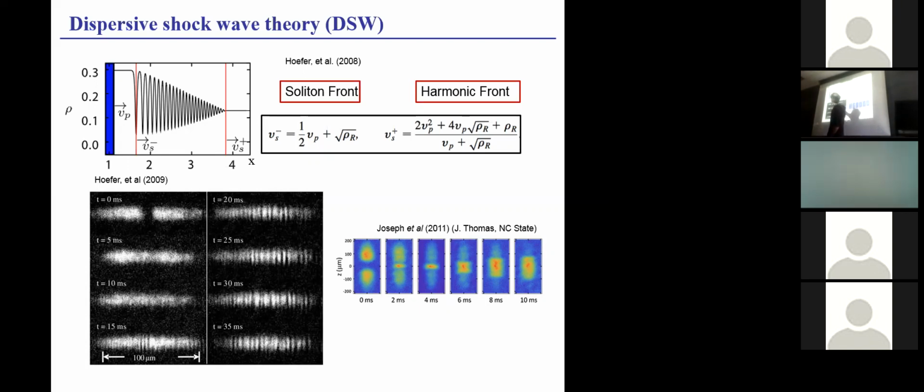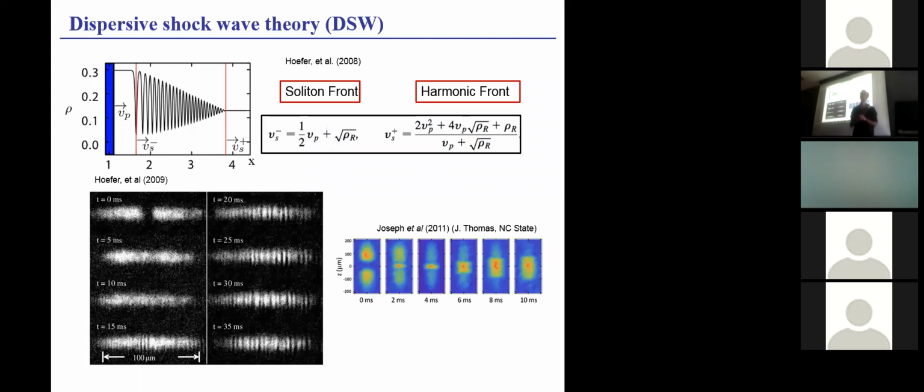Vp is the velocity with which the piston moves. Yeah, and then half Vp plus the speed of sound is the speed with which Vs minus moves. And then this one moves even faster because the shock front is expanding as this thing propagates.